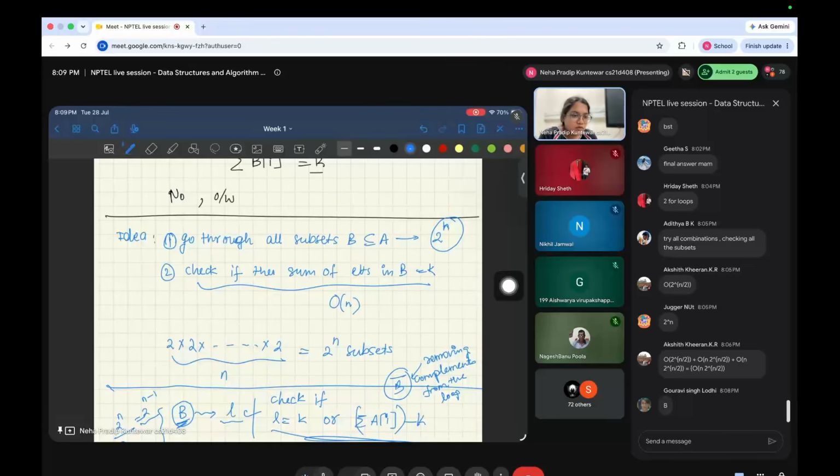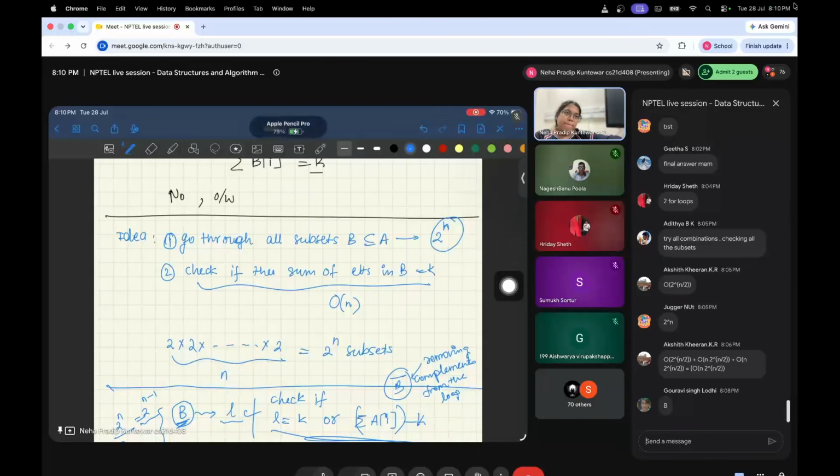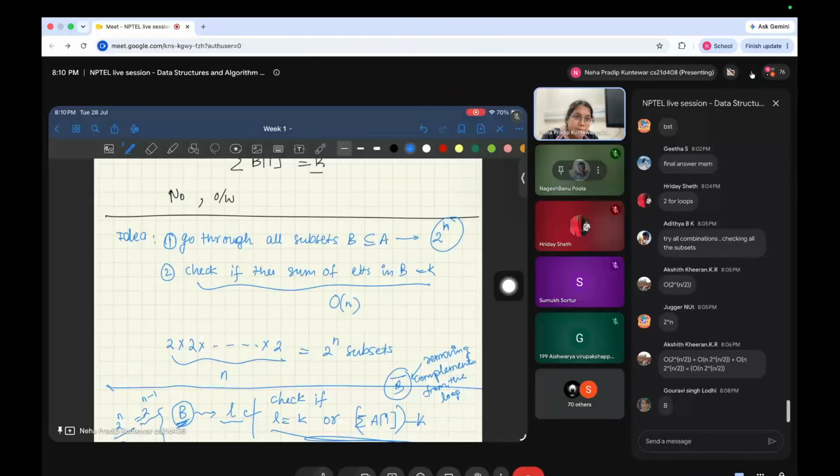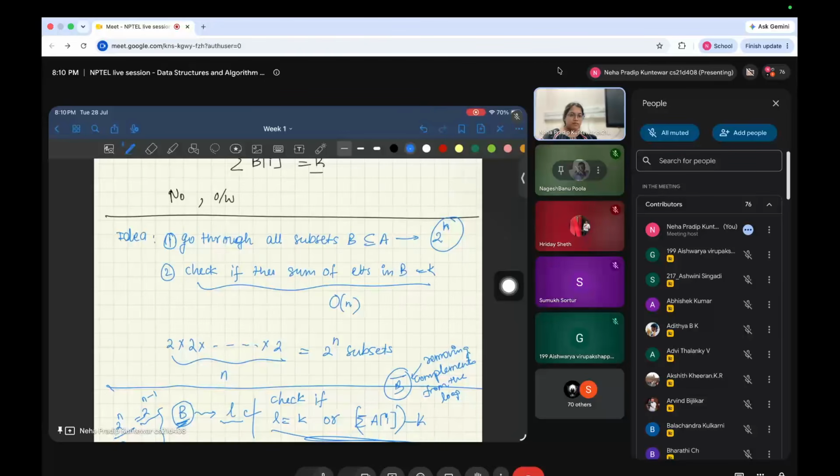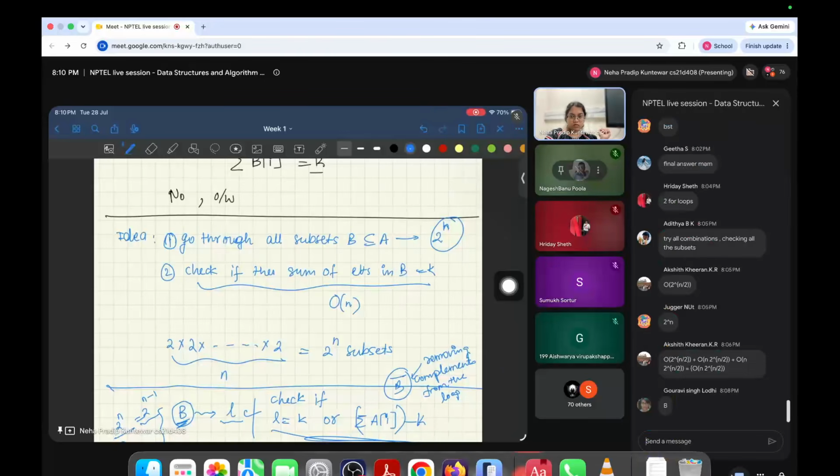Yeah, Akshit. Is it clear what we are trying to do?